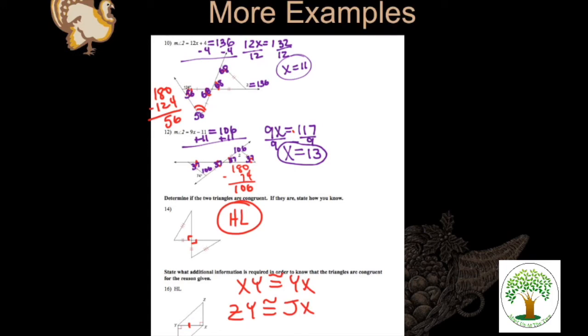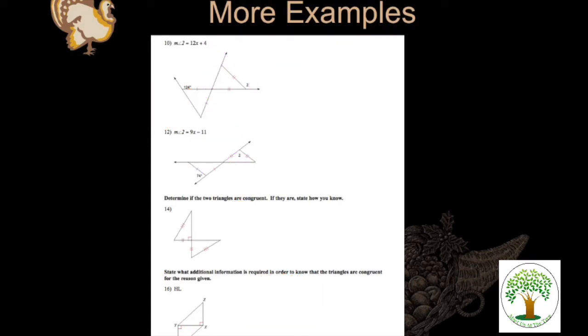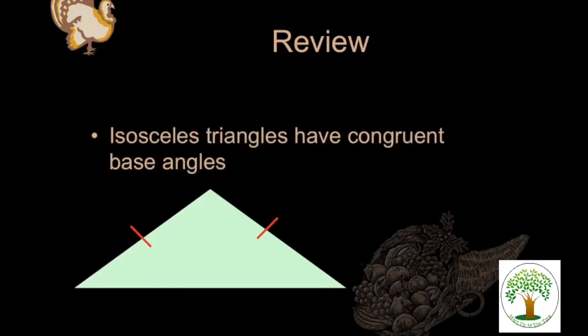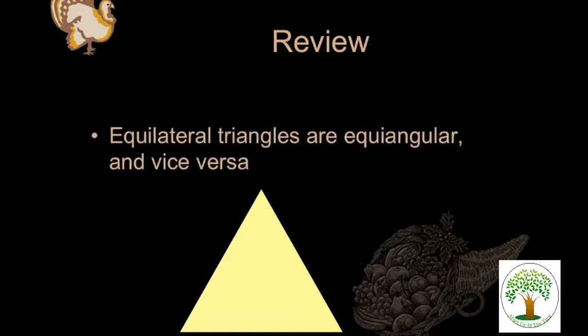Finished with those examples. Let's review what we've done. You learned that for an isosceles triangle, they have congruent base angles. You drew them in your postulate book. We found out that equilateral triangles are equiangular and vice versa. So if they have congruent sides, then they have congruent angles.